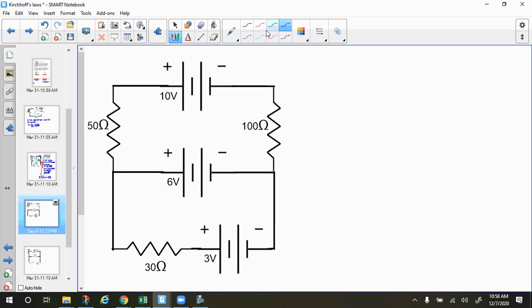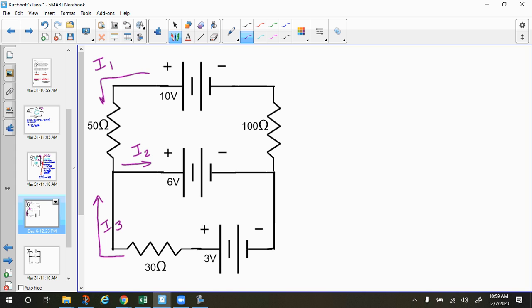So my first step is to assign my currents. I'm going to say that this one is I1. I'm going to say that I2 goes this way. And I'm going to say that I3 goes this way. Now, as you do enough of these, you'll get the feeling for where the current's going to go.